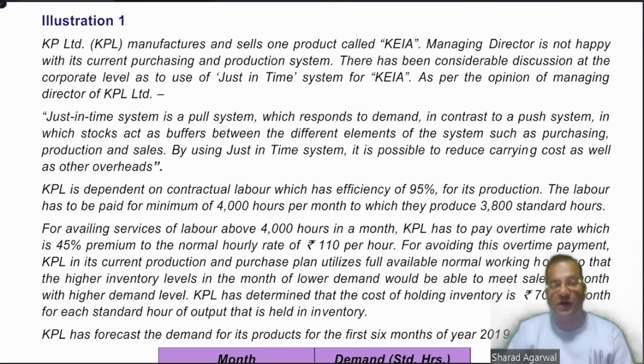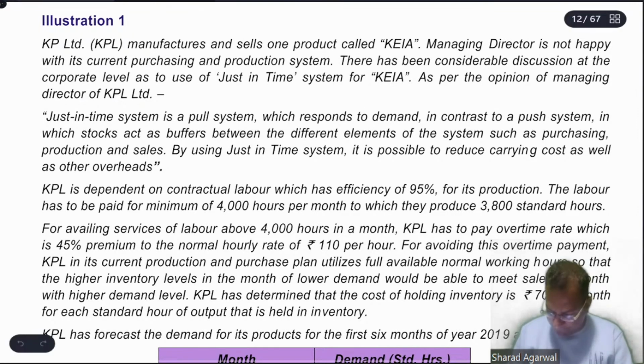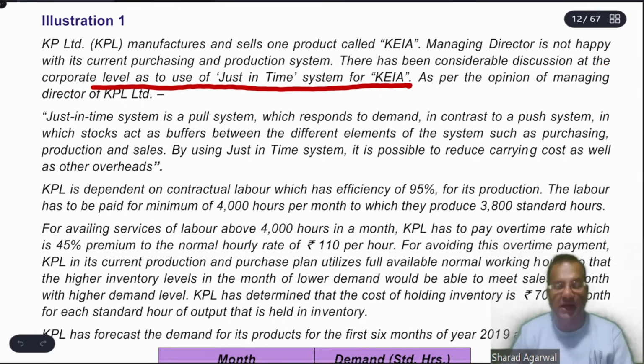Okay, beta. So let's start the interpretation reading of this question. Company name is KPL. Company manufactures and sells one product called Kia. MD is not happy with its current purchasing and production system. There has been considerable discussion at the corporate level as to use of just-in-time system for Kia.